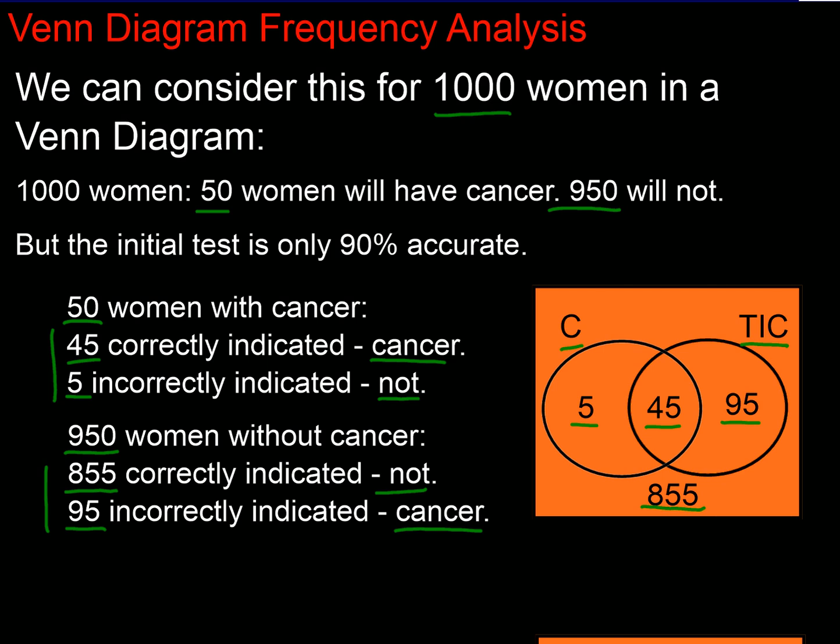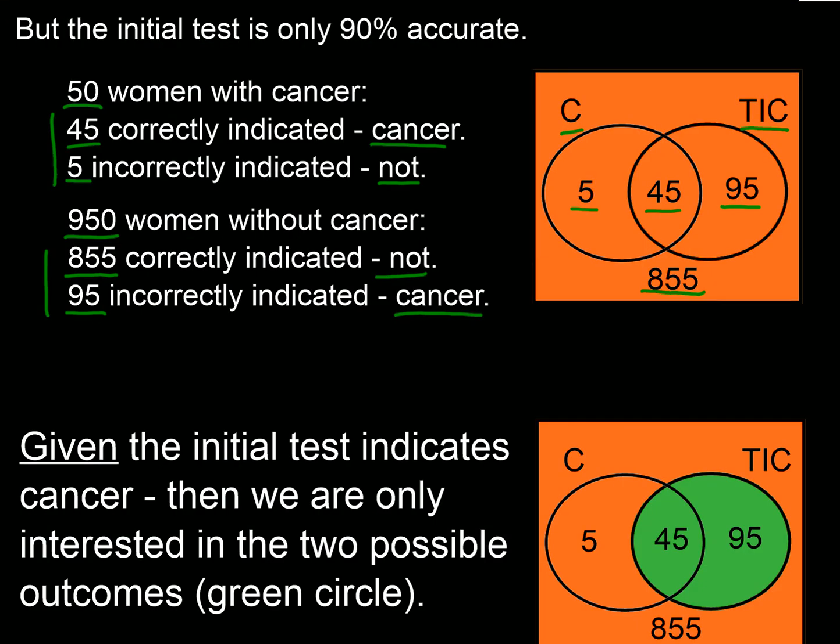So now we've positioned all our values, we can work out our conditional probability, because we're only interested in those women that the test indicates have cancer. So we're only interested in those in the green circle, and that's made up of the 45 women who do have cancer, but there's also 95 women who don't have cancer, and for all of those the test indicated that they potentially did.